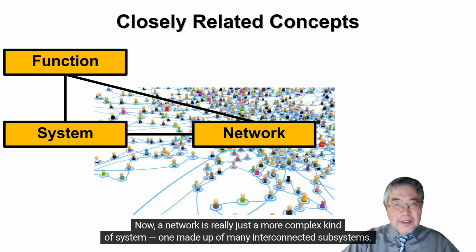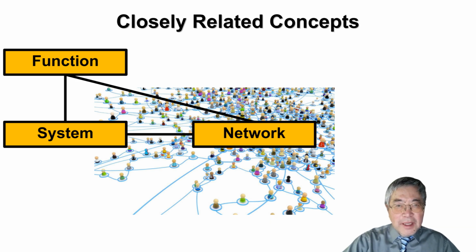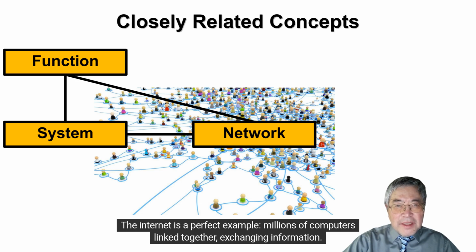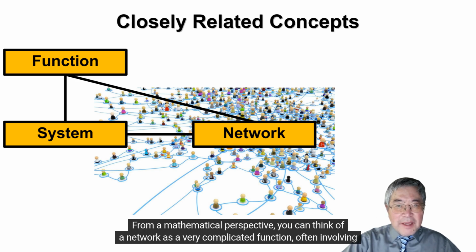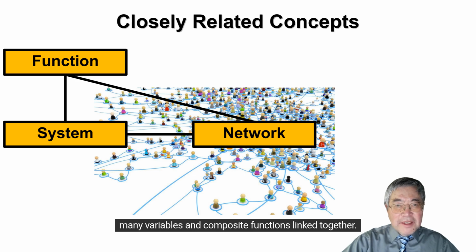Now, a network is really just a more complex kind of system, one made up of many interconnected subsystems. The internet is a perfect example. Millions of computers linked together, exchanging information. From a mathematical perspective, you can think of a network as a very complicated function, often involving many variables and composite functions linked together.